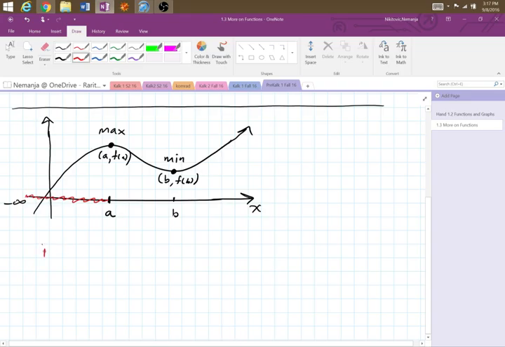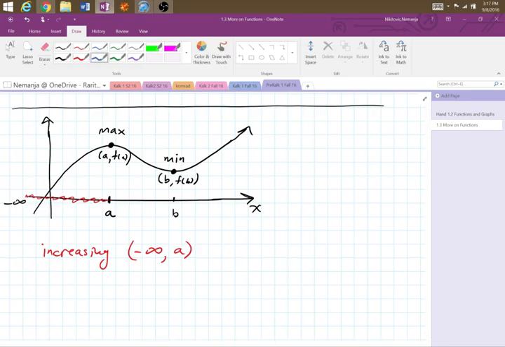So we would say increasing, negative infinity to a. And we do not include a because, as I said last time, we cannot judge increase or decrease looking at one point. So a single point is never important, so we don't have to include that a.